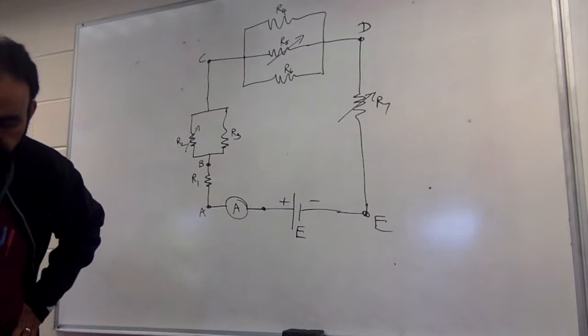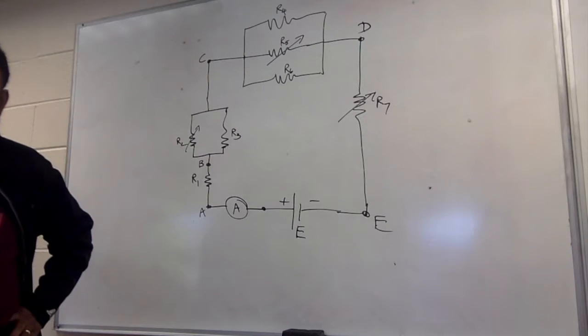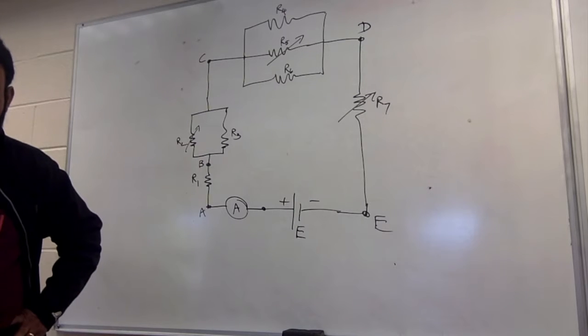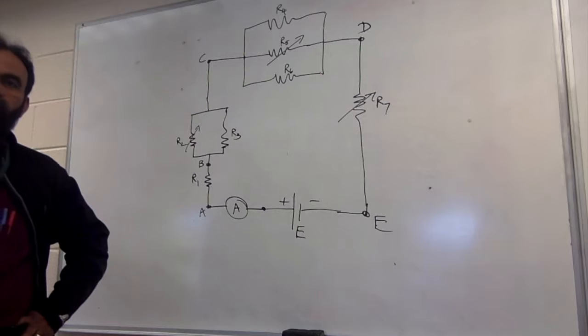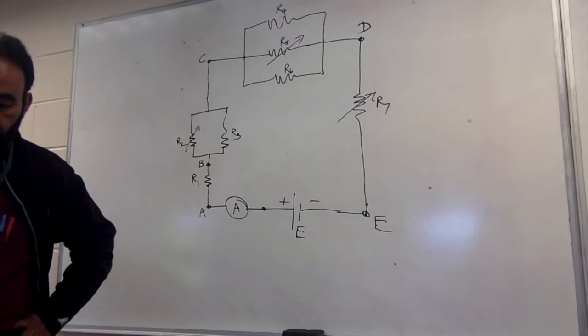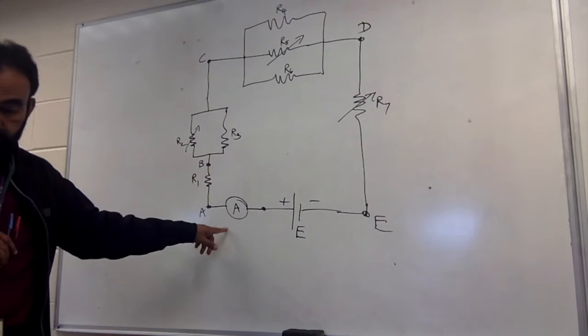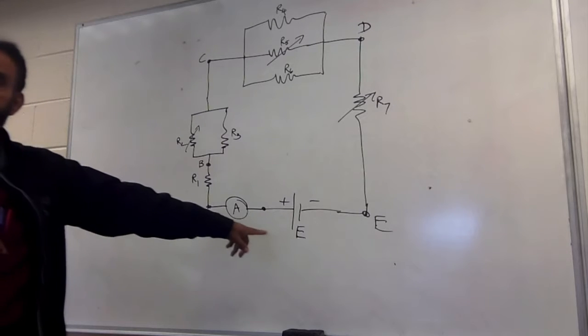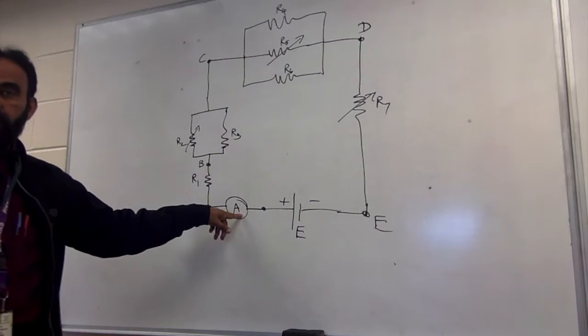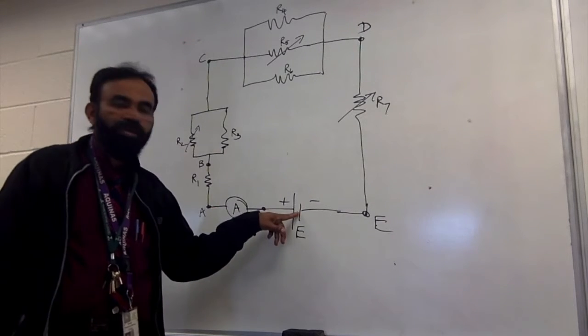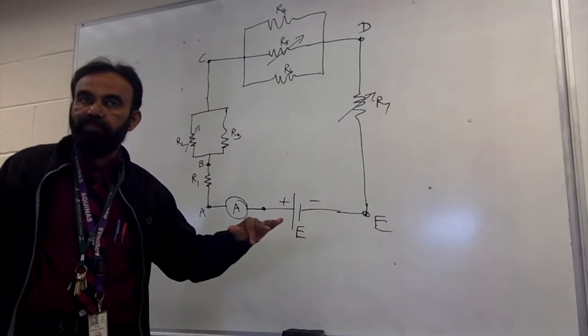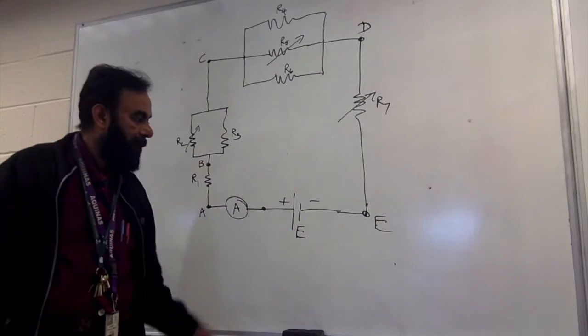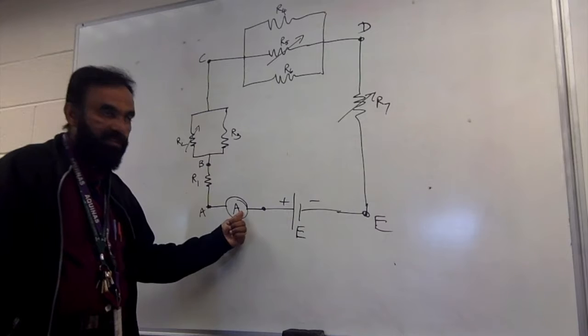The first one says this: if R7 increases, what happens to the potential difference between A and E? Assume that no resistance is there in this and this. In other words, there is no resistance for the ammeter, ideal. There is no resistance here, internal resistance 0. Okay? Assume that part of it. No internal resistance, no resistance for the ammeter.